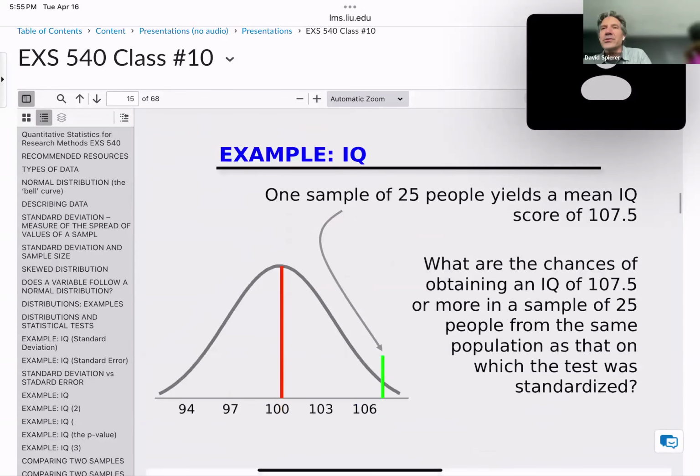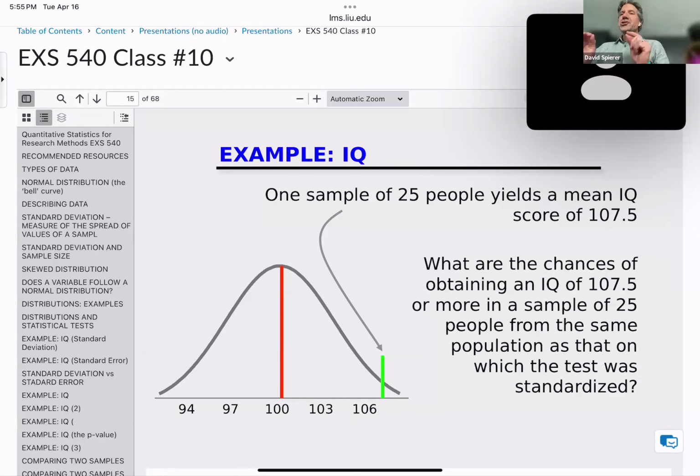Let's look at this example again, taking the IQ test. So now you've got a sample of 25 people, as we said, they get a score of 107.5. What did we say? We said that it goes from 85 to 115, right?